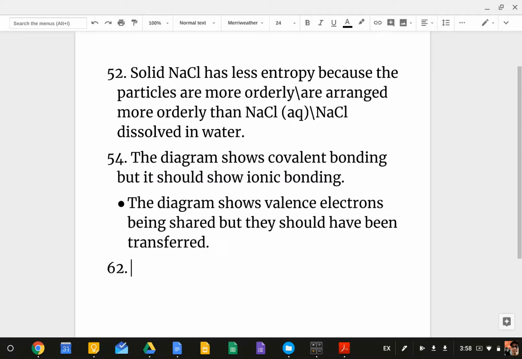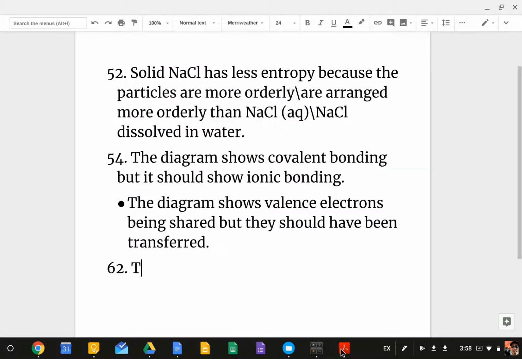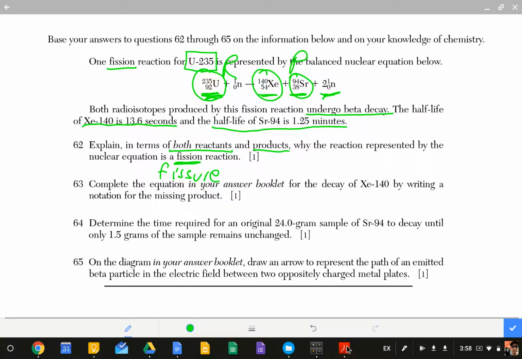So this is number 62. And again, explain in terms of reactants and products why the reaction represented is a fission reaction. So this is nuclear fission, which releases a lot of energy. The reactant, which is uranium 235, is that what they used? Yep.